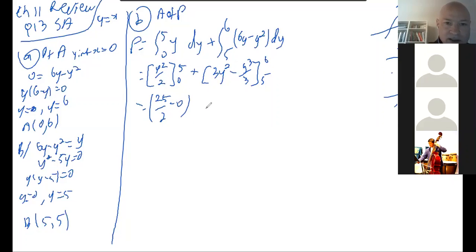That's the first one. Plus the second one, substituting the 6 in. 6 squared is 36, 36 times 3 is 108, minus 6 cubed divided by 3 gives me 72. I don't know these answers off the top of my head, I've actually worked them all out. So minus, putting the 5 in, 5 squared is 25 times 3, 75.